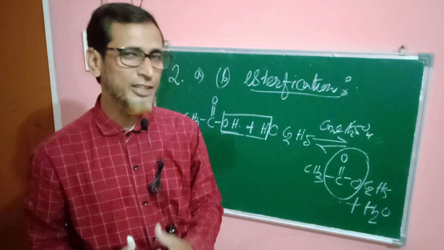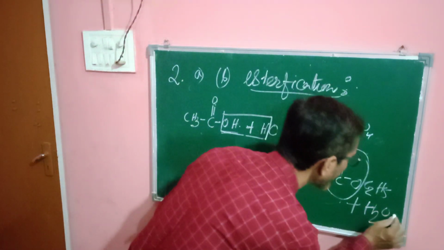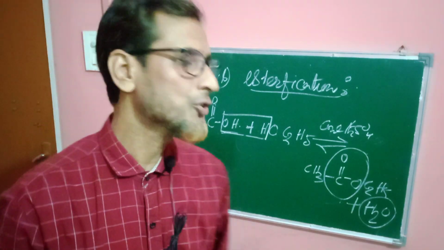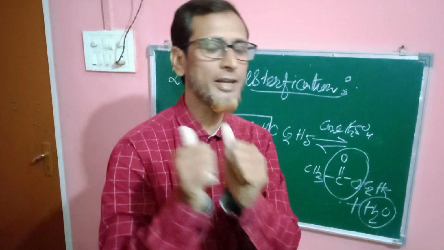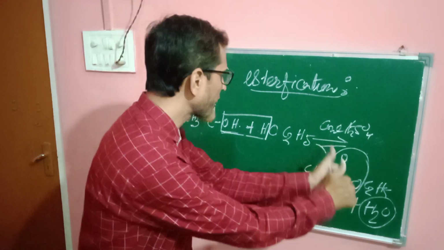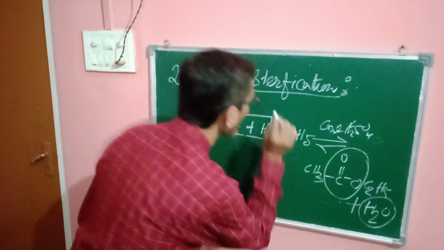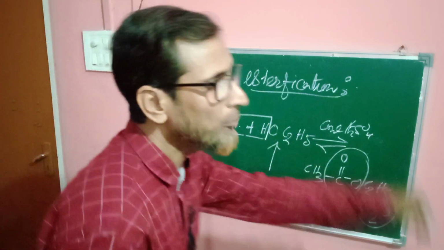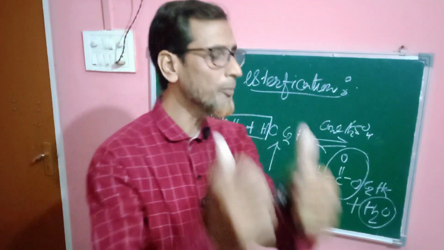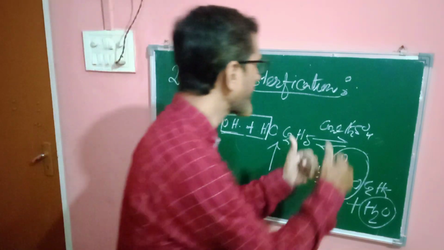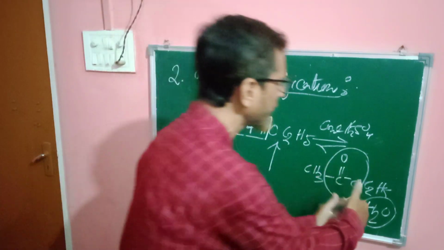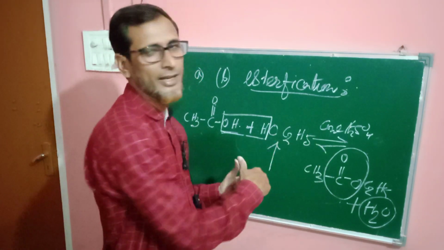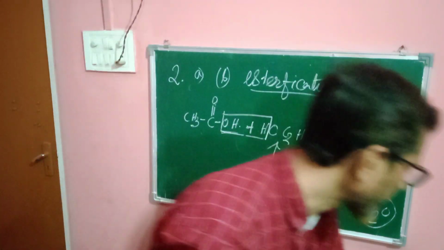In order to shift the reaction towards the right, we need to remove water from the reaction mixture from time to time, so that the reaction proceeds towards the right. Number two, if you use more and more ethanol in the reaction, we will get more and more ester. So these two points will give you the maximum yield of ester: one is removal of water from the reaction mixture, and the other is use of excess ethyl alcohol.